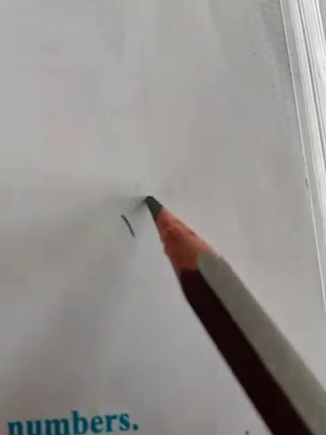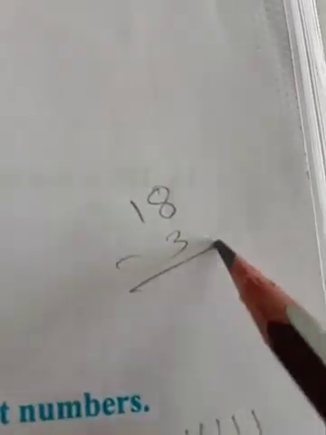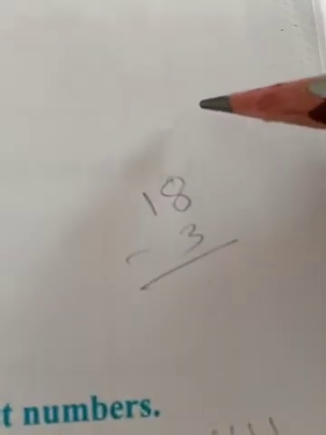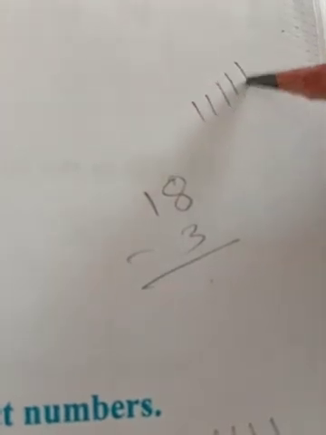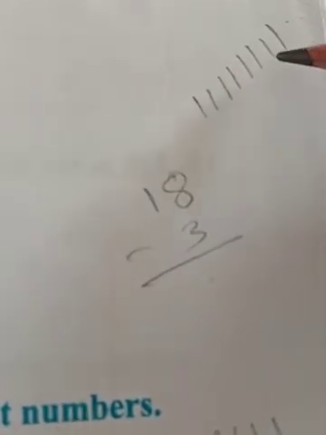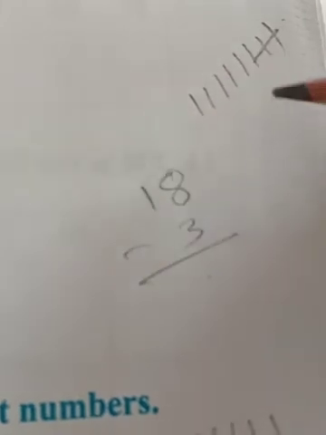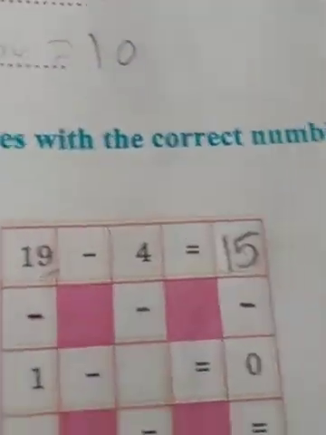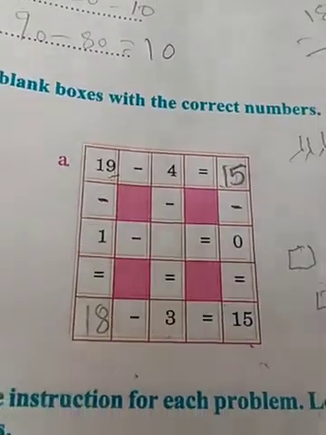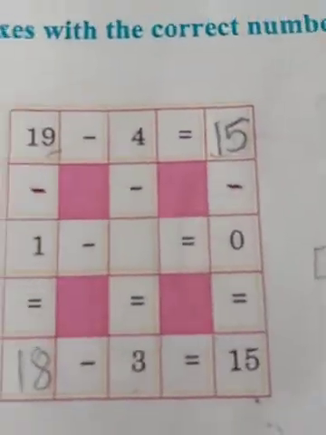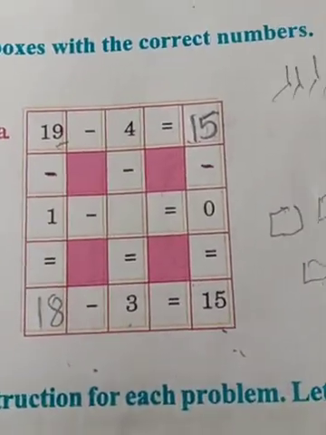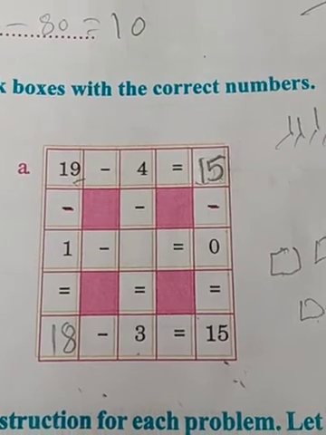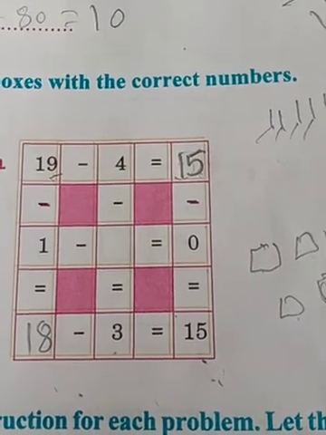Is it correct or wrong? Check it once. 18 minus 3. 8 minus 3. 1, 2, 3, 4, 5, 6, 7, 8. So how many will cut? 3. Remaining 1, 2, 3, 4, 5. So tens place 1. 15 is already there. Correct. See, write in your book too. Write with pencil too. 19 minus 4 equals 15.